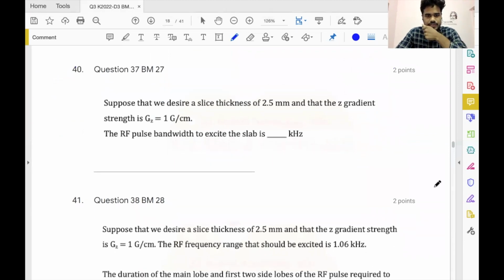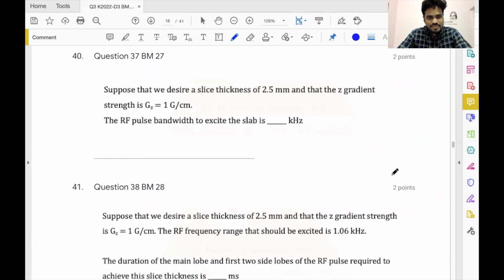Suppose we design a slice thickness of 2.5 mm, and the Z gradient is this. What is the RF pulse bandwidth to excite the slice? Okay, how do we do this? They are asking the same thing the other way around, right?